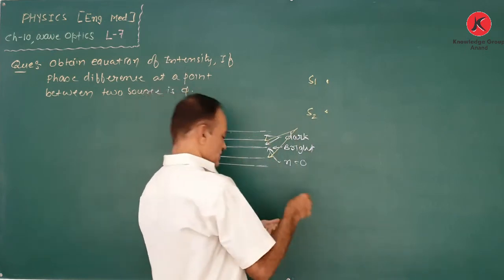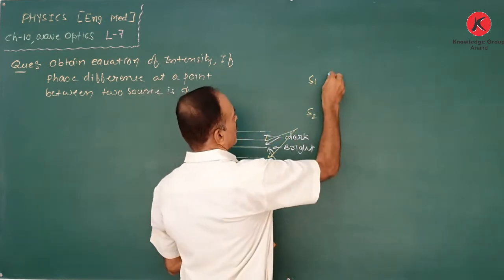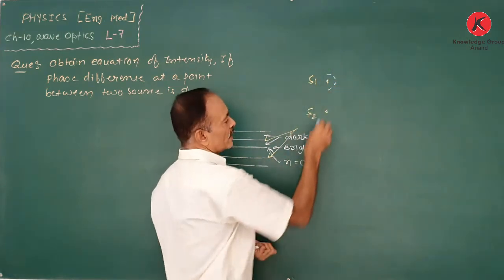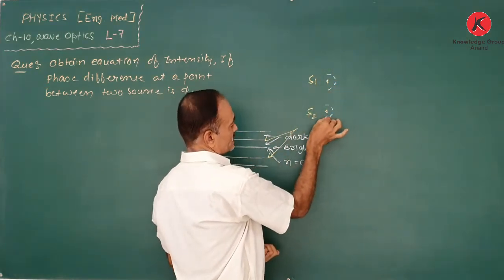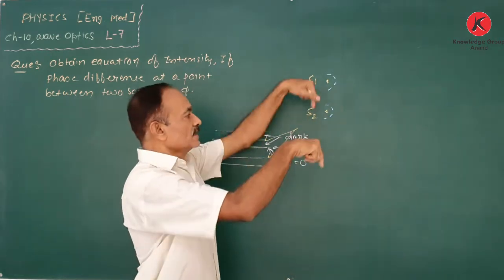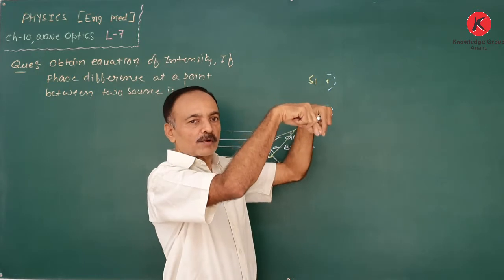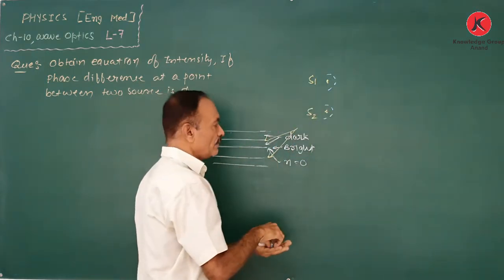So what happens? The trough is produced when both needles are going inside the water. When it comes out of the water, the crest is formed.